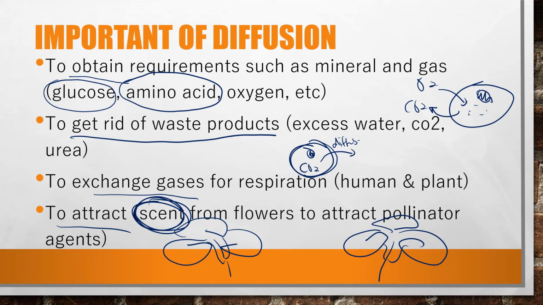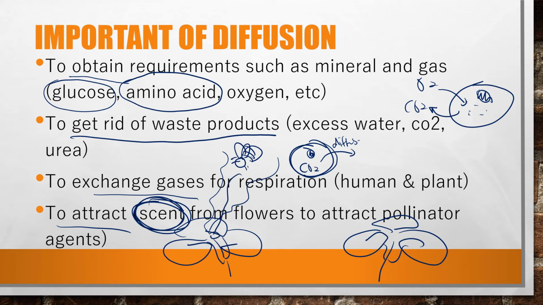Okay, that is in the case for human. But for the insect, the importance of the scent produced by flower is actually to attract pollinator agents such as insects. Okay, example of insect will be the bees or the butterfly. So apabila bunga ini dia menghasilkan bau yang harum, scent, lebah akan datang kepada bunga ini.